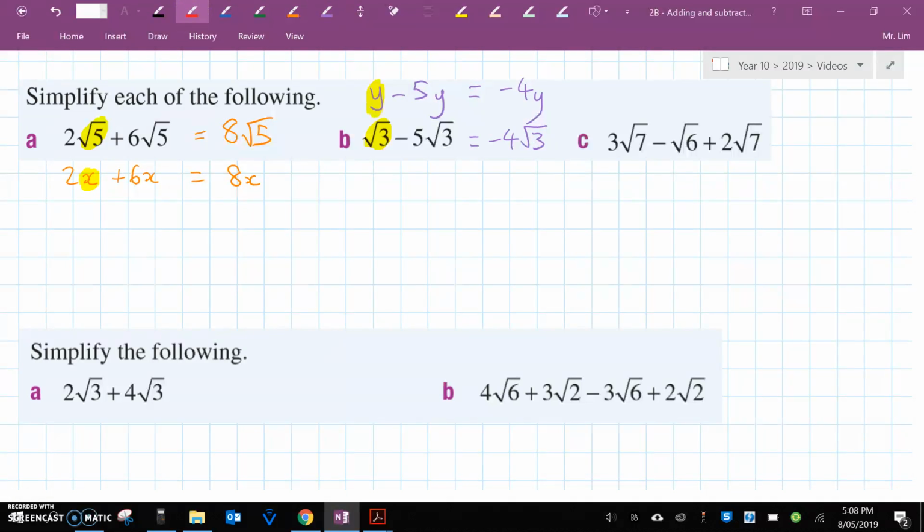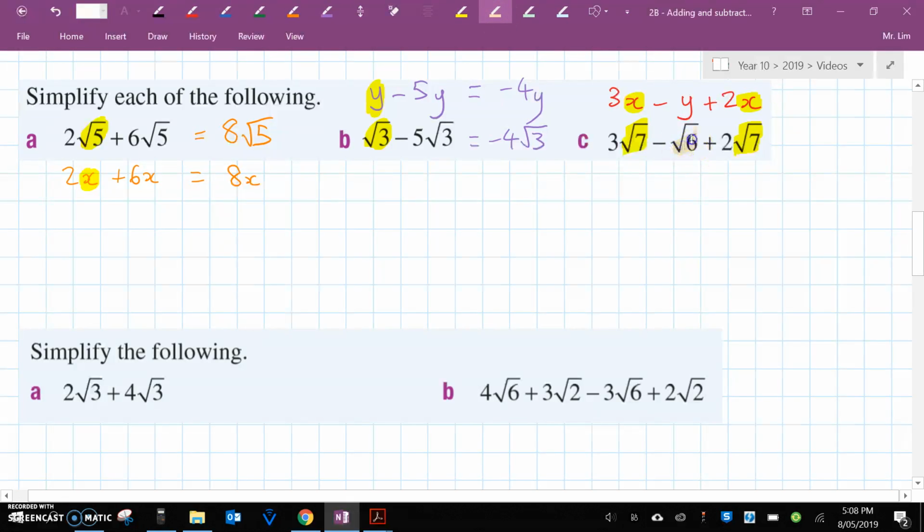Question C. We have 3 root 7 minus root 6 plus 2 root 7. What are our like terms? Well, let's rewrite this as 3x minus y plus 2x. I wrote it as x for root 7. So because it said root 7 here, I had to use x.